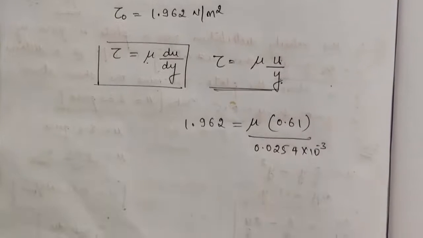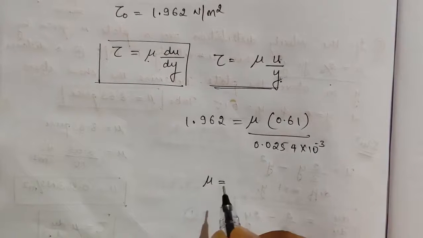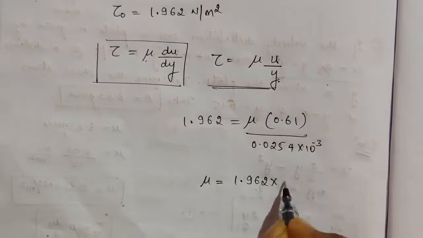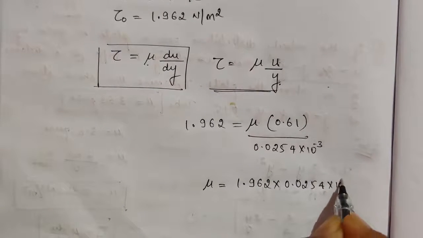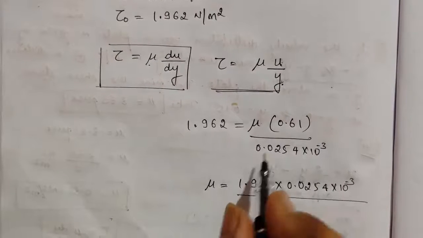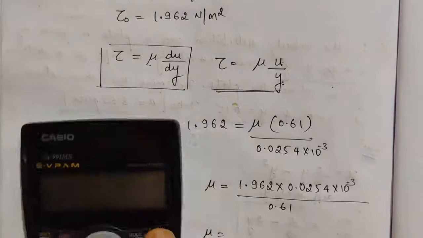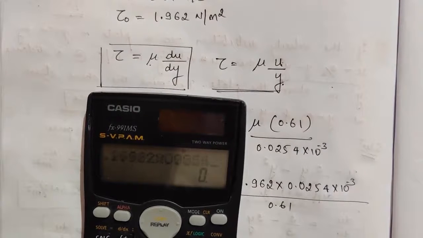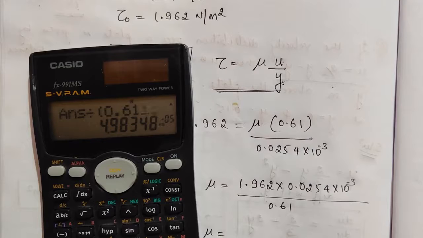What we need is this mu. So mu is equal to 1.962 into 0.0254 into 10 power minus 3, divided by 0.61 meter per second.